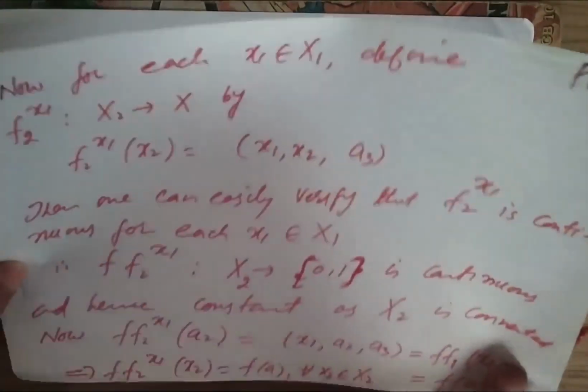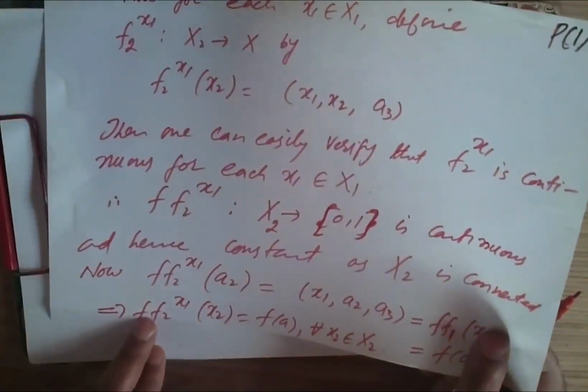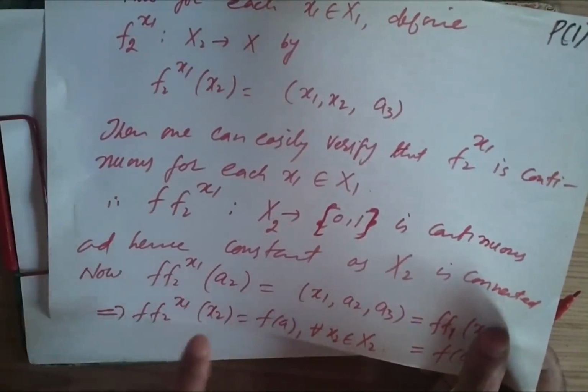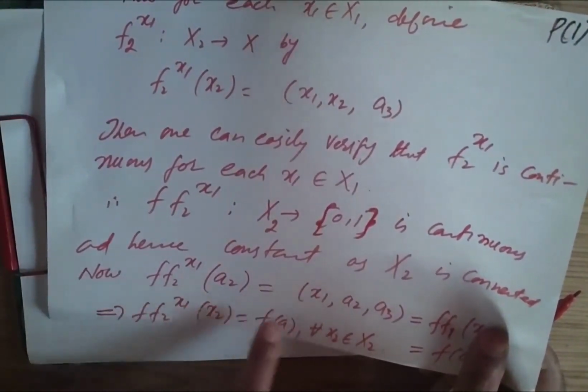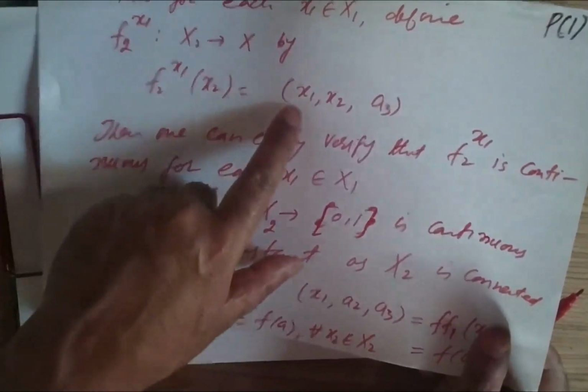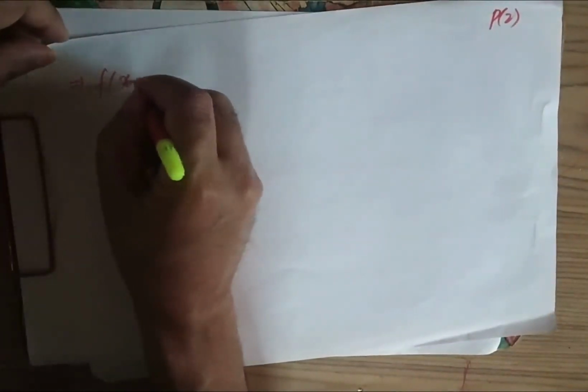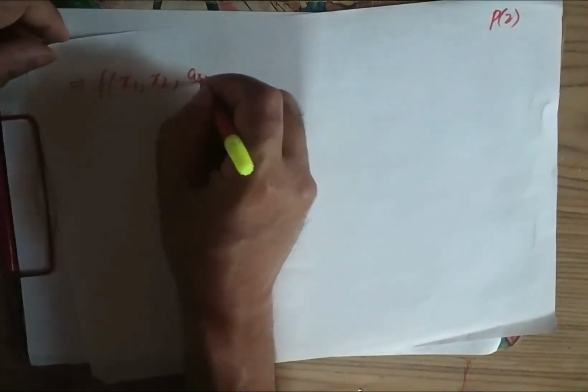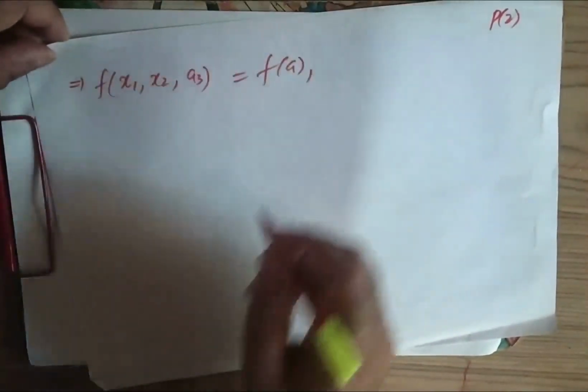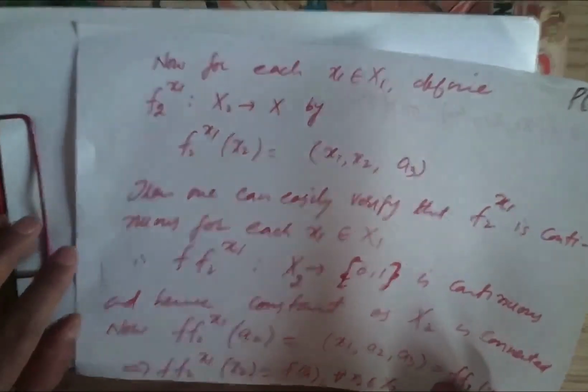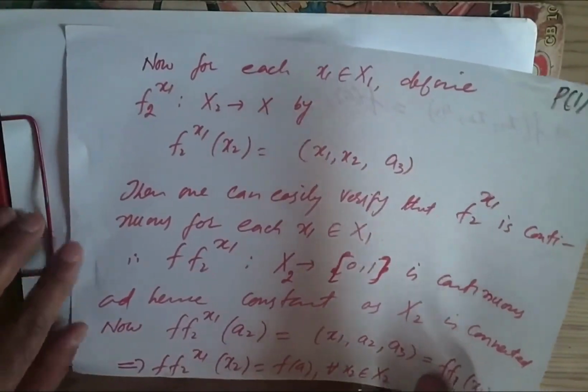So which implies that f of f2 x1 at x2, which is (x1, x2, a3), is f of (x1, x2, a3). That implies f of (x1, x2, a3) is equal to f of a.